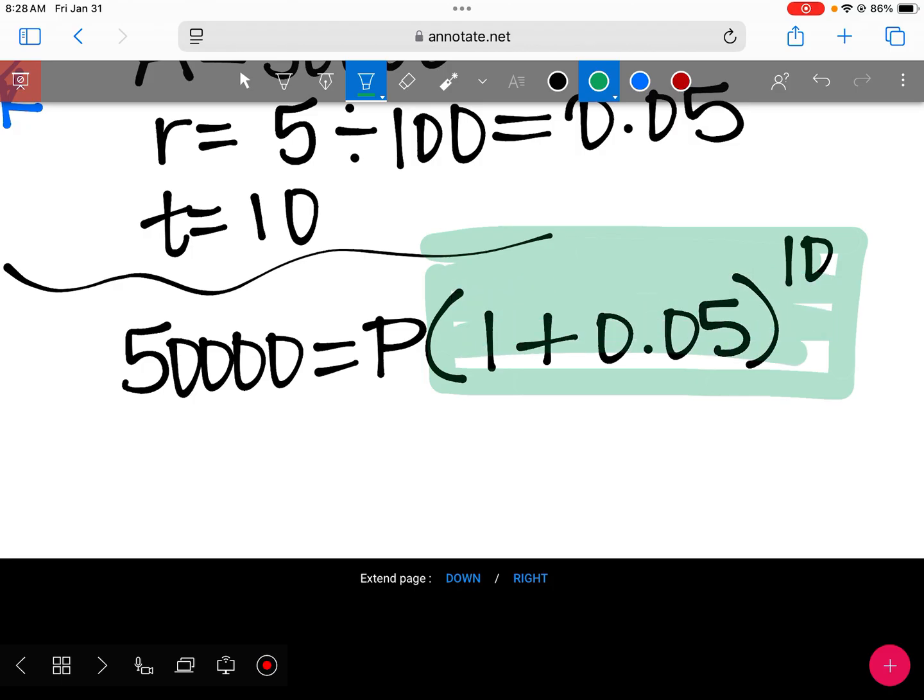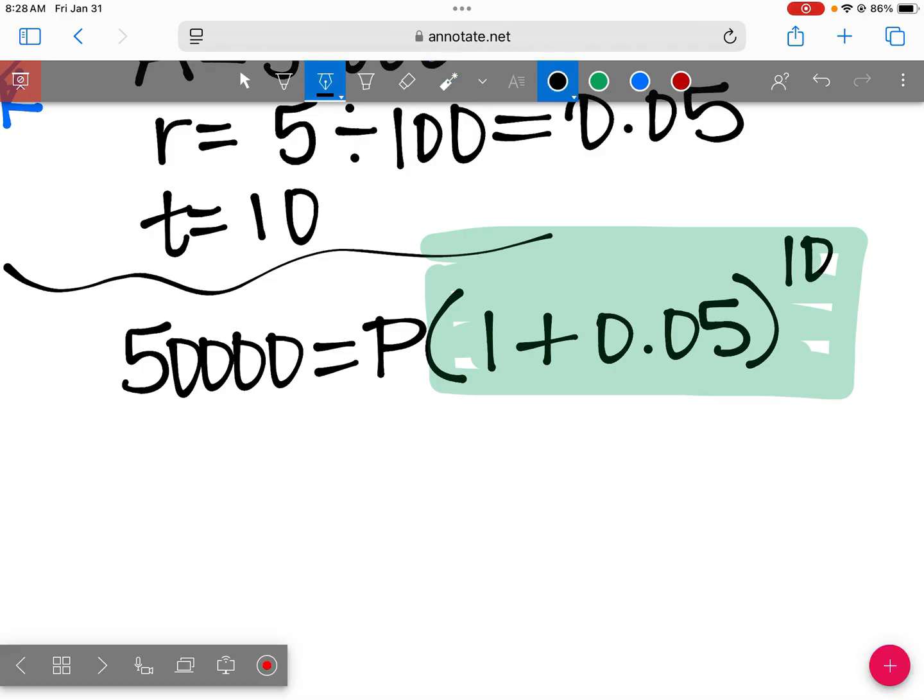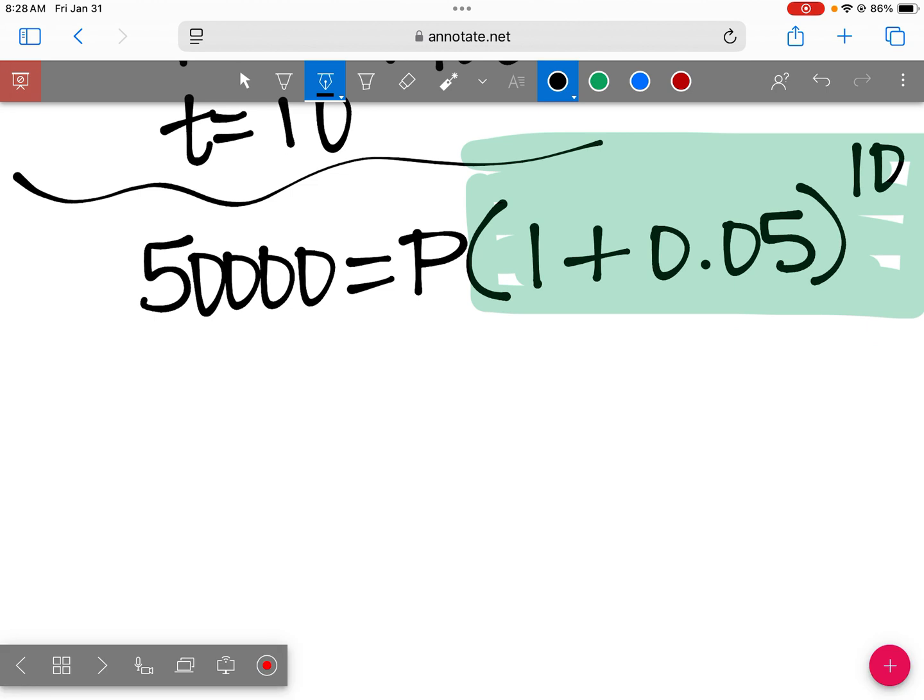This is actually a number. And the operation that's happening between P and this number is multiplication. Do you see there's not a plus sign in between here, right? That's multiplication. So in order to solve it, I would divide. So I'm going to divide both sides.